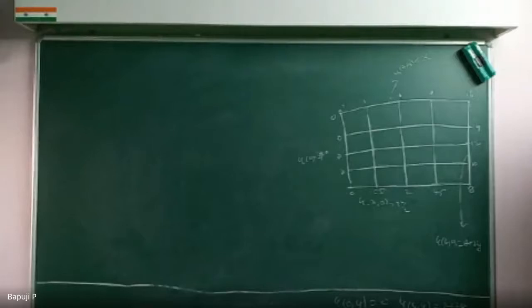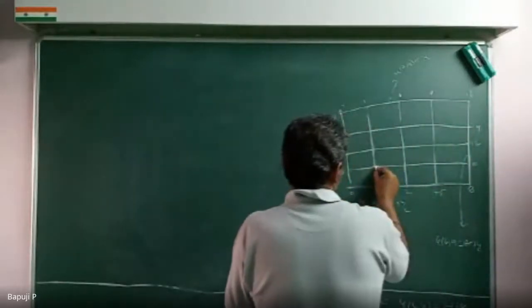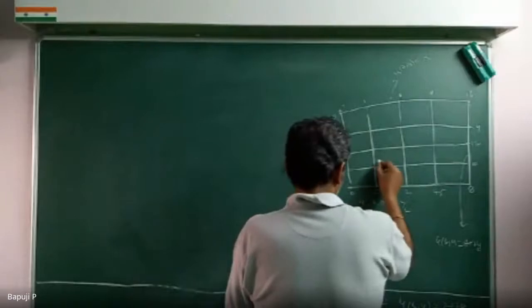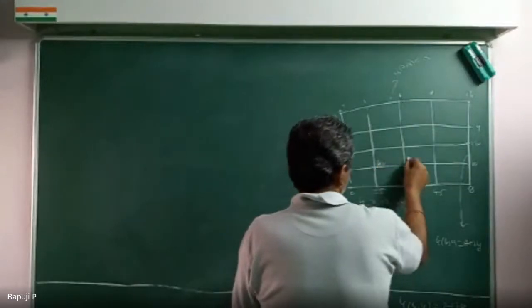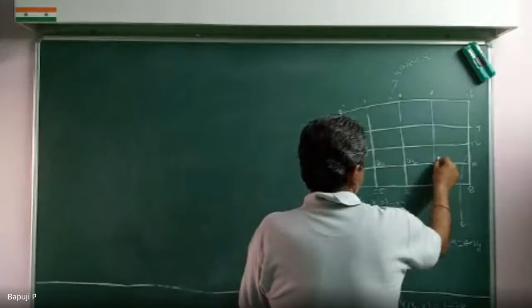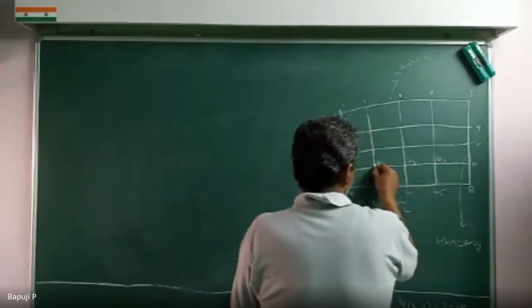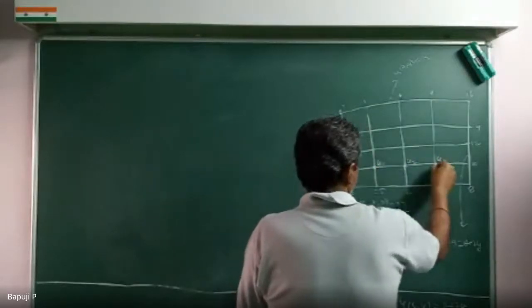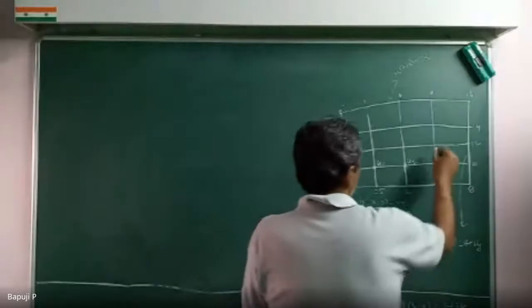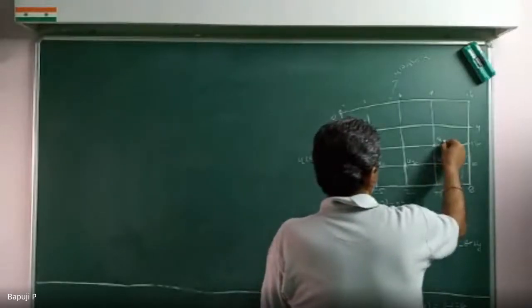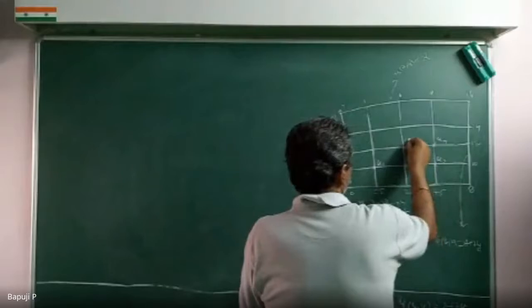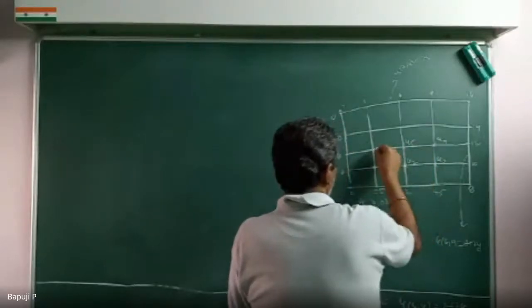Now I want to find out the value at each grid point. This grid point I am naming U1, this is U2, this I am taking U3, then this grid point U4, U5, U6.